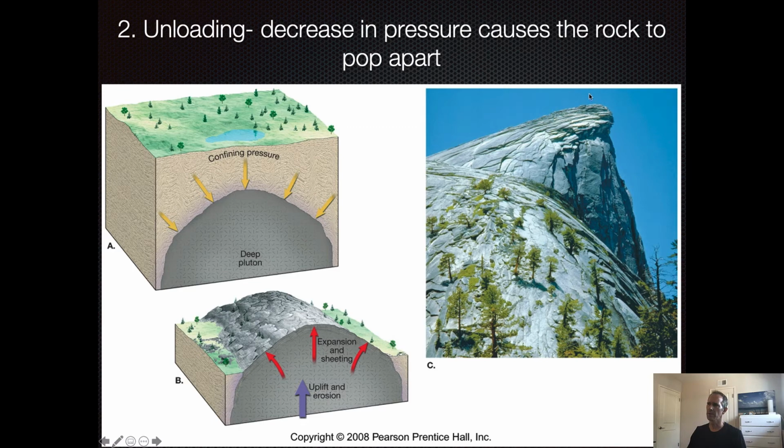So a good example, this is Half Dome in Yosemite, and you can see these sheets popping off from mechanical weathering, unloading.